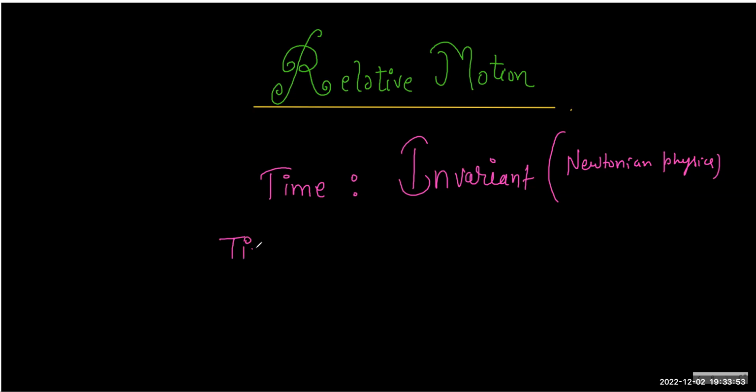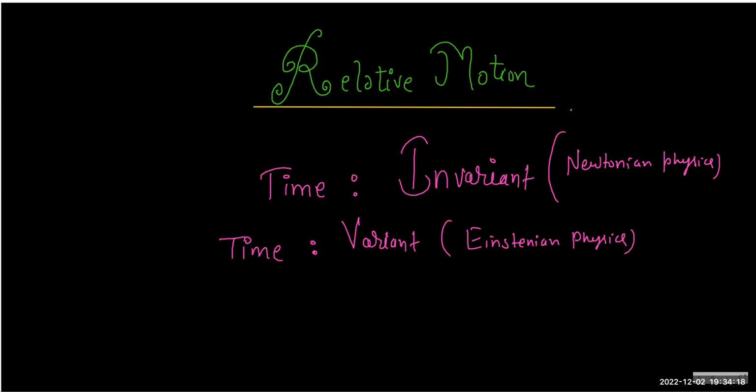Time is variant in Einsteinian physics. What does it mean?